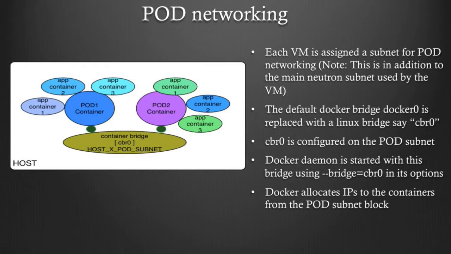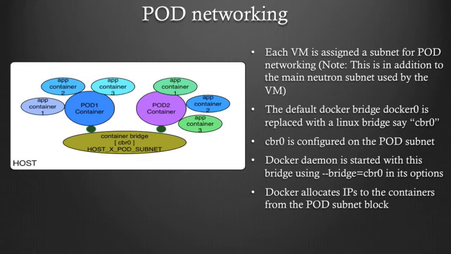Each VM is assigned a subnet for pod networking. Note that this is in addition to the subnet that is used by Neutron. The virtual machine itself is plugged onto a subnet, and you can think of a little network inside the virtual machine, which is for the pods that you'll have to allocate.